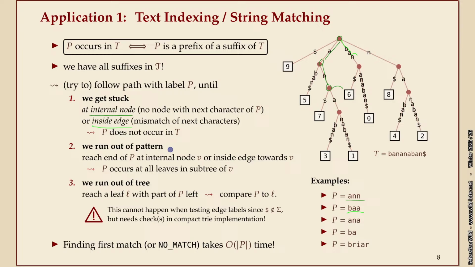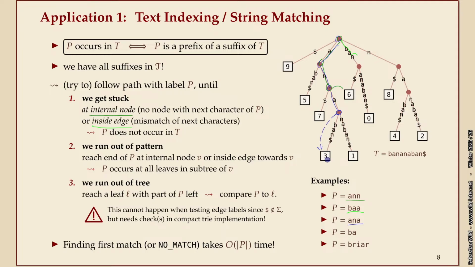Another option of what can happen is that we run out of pattern. So we've read the entire pattern, but we're not at a leaf yet. That could be this one. So you start here, you read A and A. Now we're stuck at some internal node, and that's a case where the pattern occurs, namely in all the leaves that are below this point. In particular, if you want to find a first match, or well, one match, we can again follow this dotted pointer to the leftmost leaf.